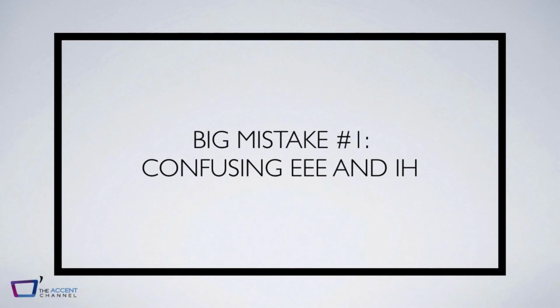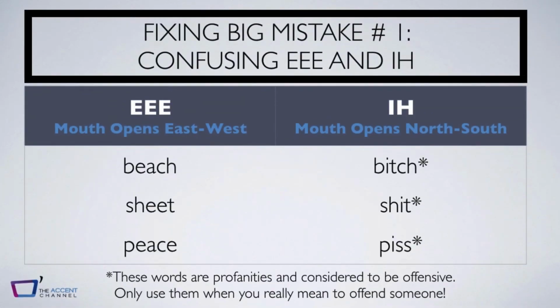This is a huge problem because, as you can see, it often turns a perfectly harmless word into a profanity. If English is not your first language, you've probably made this mistake, and let's hope you didn't offend anyone, but you have probably given them a good laugh.